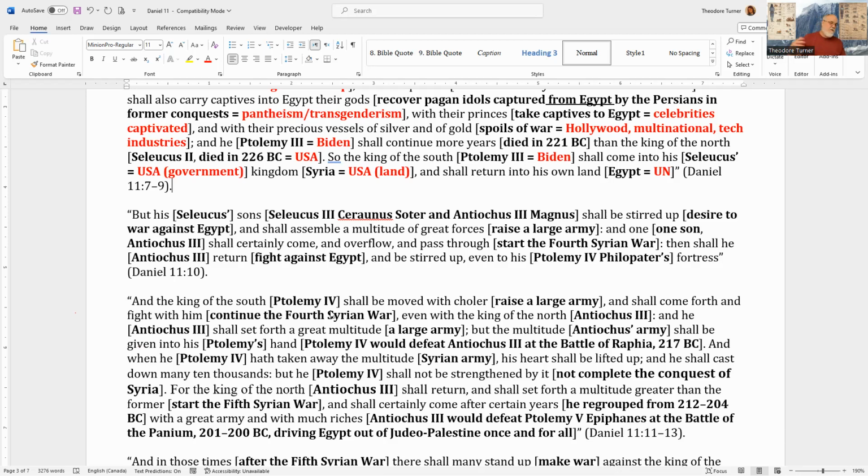Or do we say the Battle of Raphia was January 6, 2021, and the Battle of Panium is something in the future? And we do have a note in the comments dealing with there being 5 years between 2025, just as there was between 226 and 221.